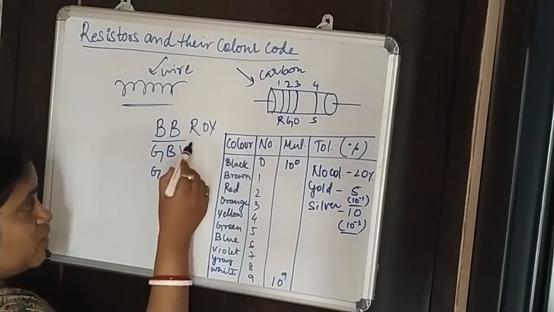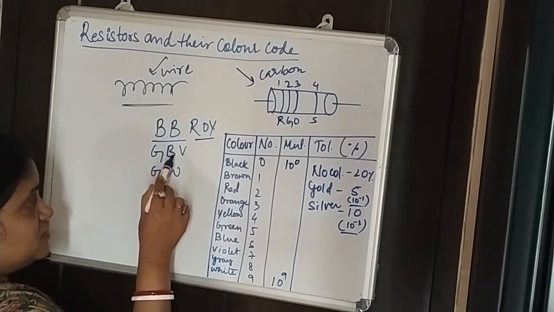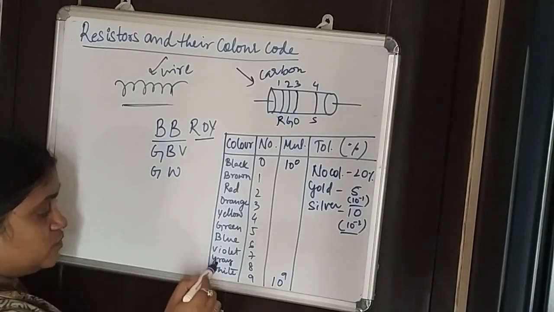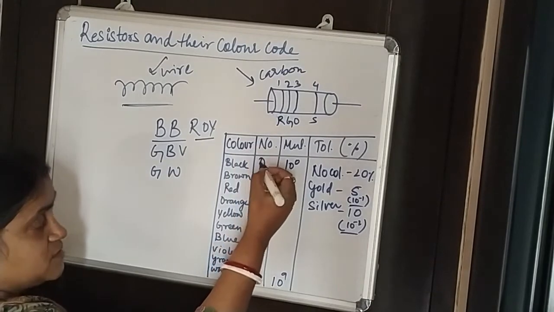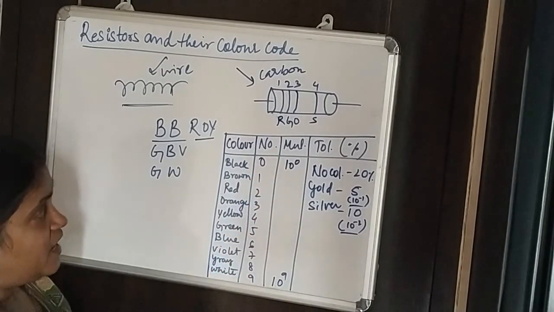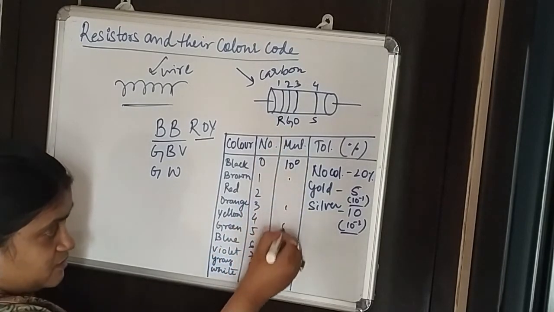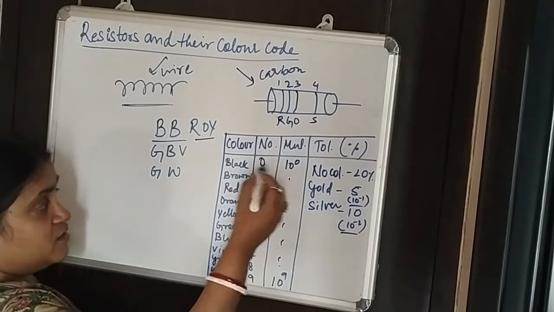BB is black and brown, Roy is red, orange, yellow, GBV is green, blue, violet, and GW is grey and white. So this gives the numbers from 0 to 9.